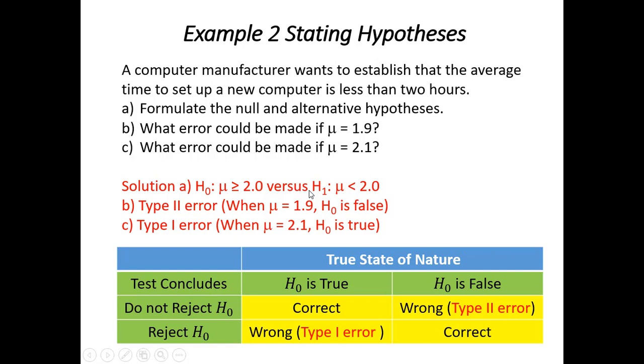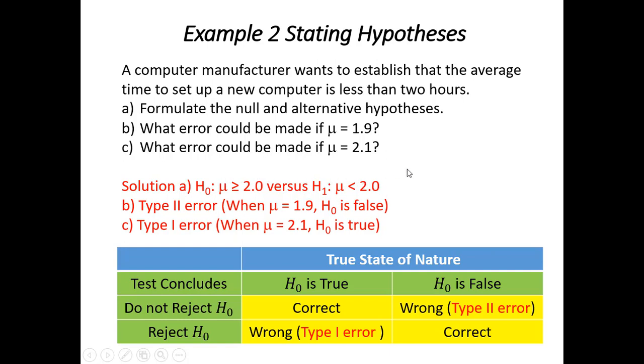Then the null hypothesis would be the negation of this. If this is not true, then the mean is greater than or equal to 2 hours. Again, notice the null hypothesis always contains the equals component. So these would be the testing hypotheses.